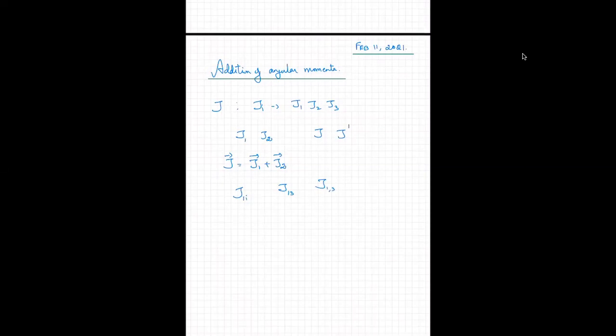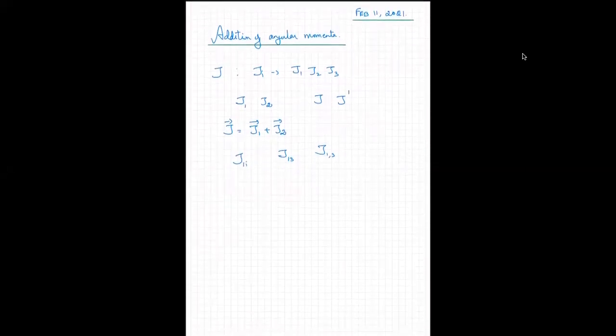So to make the notation easy, just for the addition of angular momentum part, I've decided to call the third component the Z component. When I want to write down the Z component of J1, I will simply write J1Z, like this. So the notation that I will employ for the addition of angular momentum lectures is: when I say J1 and J2, they mean two different angular momentum vectors, and when I say J, I mean the sum of these two.